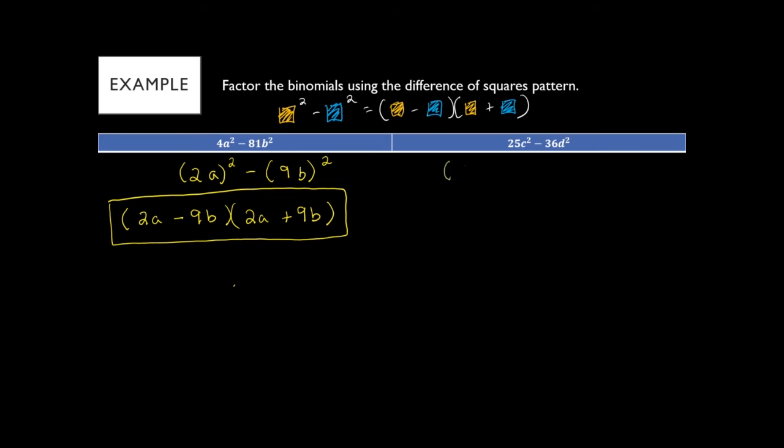So 25 is 5 squared. So we've got 5c squared minus, and then 36 is 6 squared.